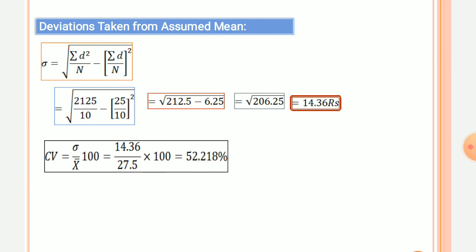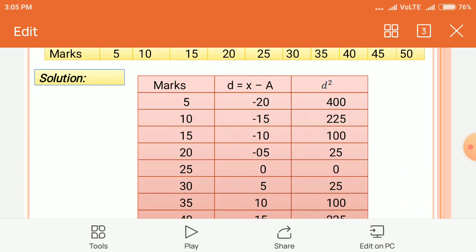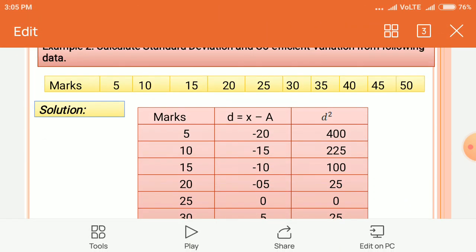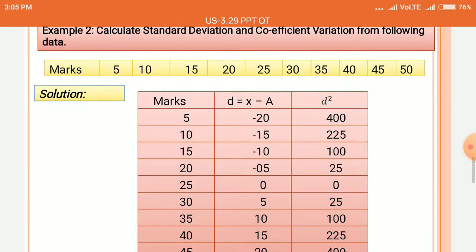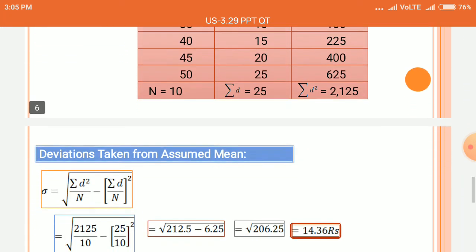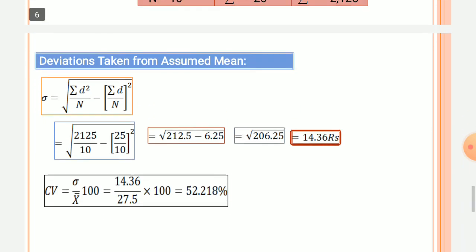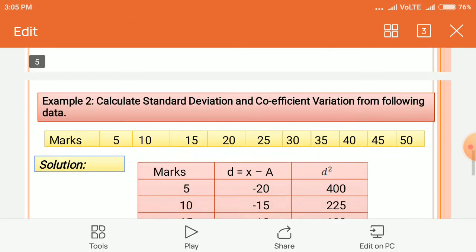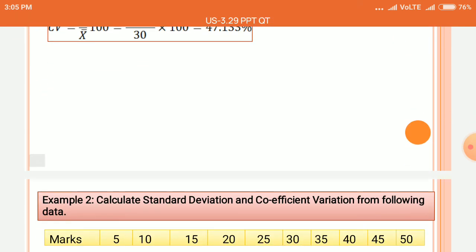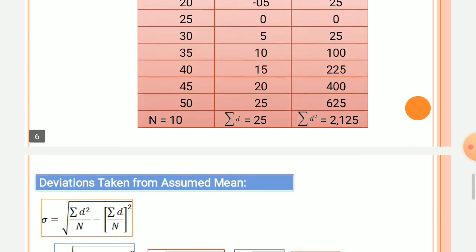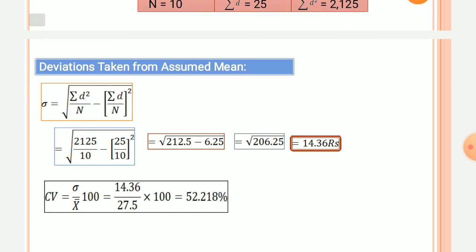Now coefficient of variation, CV is equal to sigma by mean into 100. Sigma is 14.36, and for the mean, the arithmetic mean is equal to sigma x by n.